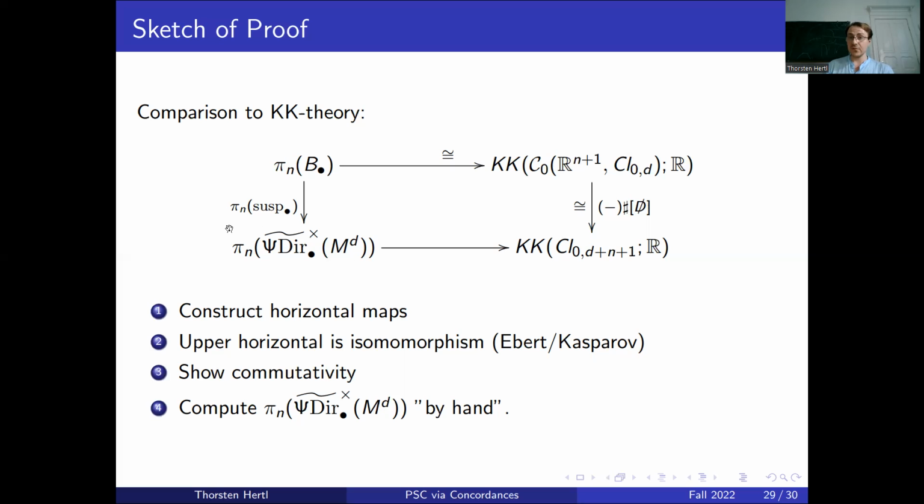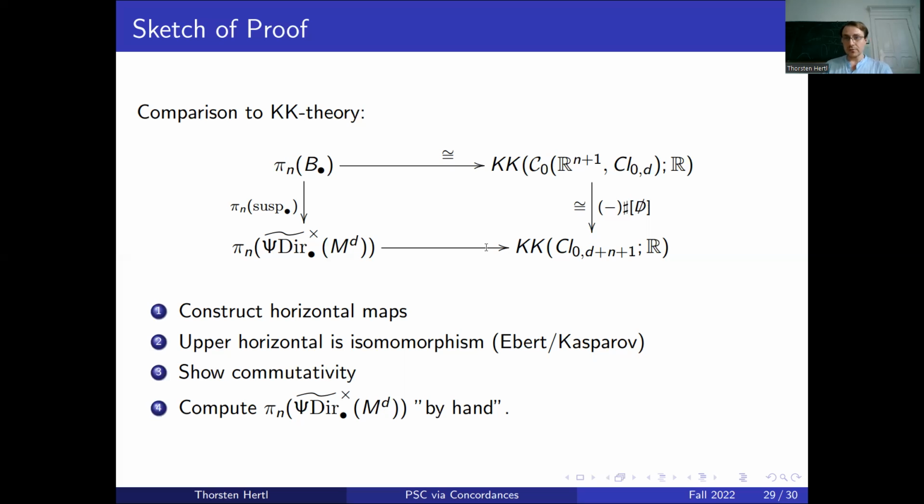And since these groups are cyclic of order one, you deduce from the fact that a surjective group homomorphism between two isomorphic cyclic groups must be an isomorphism, that the lower horizontal map is also an isomorphism.